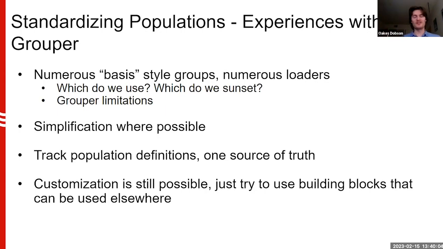So essentially bring in the basis groups and then set up that reference group layer so that we're only using one set of reference groups rather than, again, multiple reference groups that were set up throughout different integrations or as we brought on different applications. Just really trying to simplify it so we know exactly where to go to get a population. Again, that helps us with tracking our population definitions because we have those written down and codified.